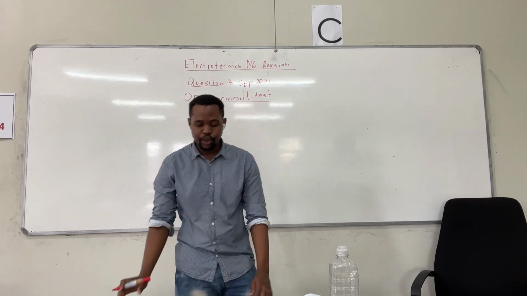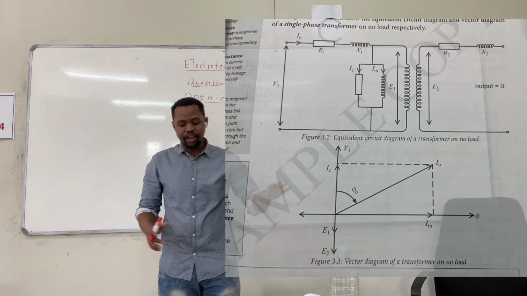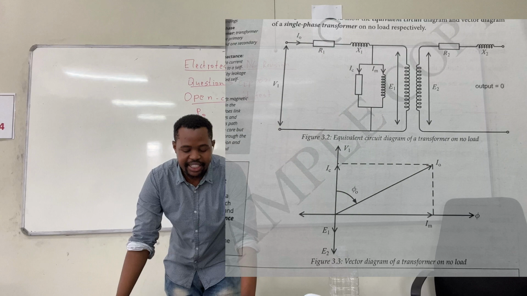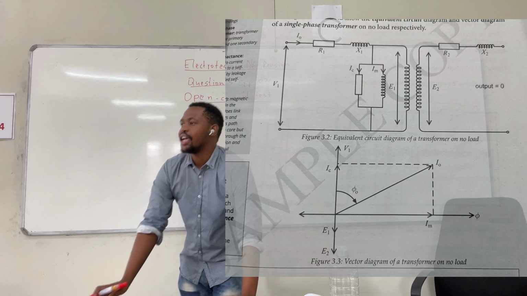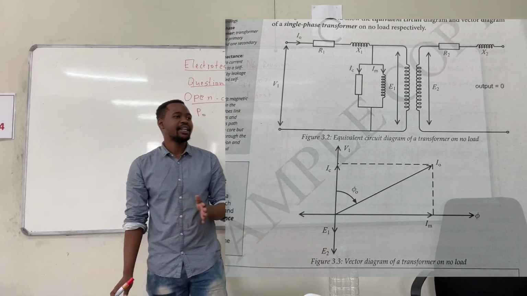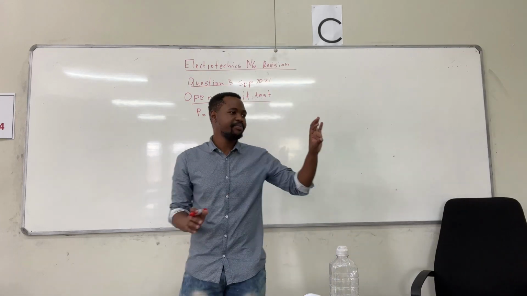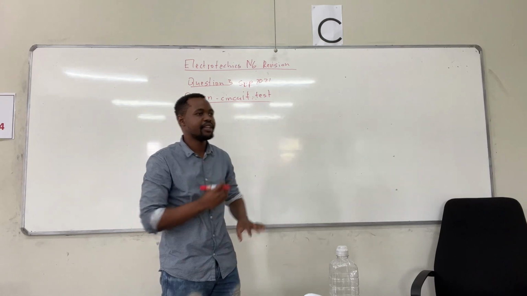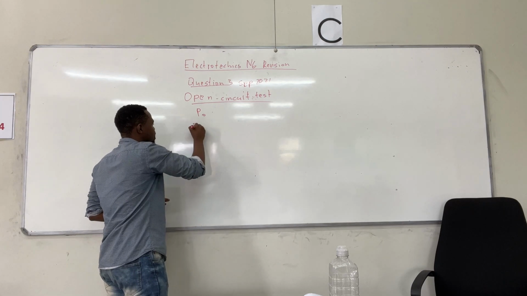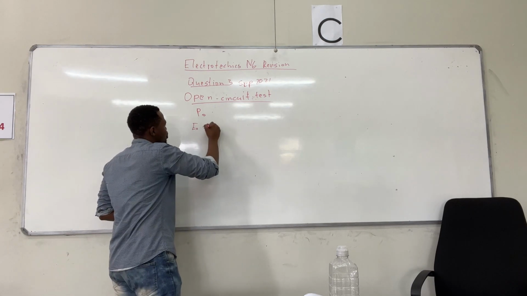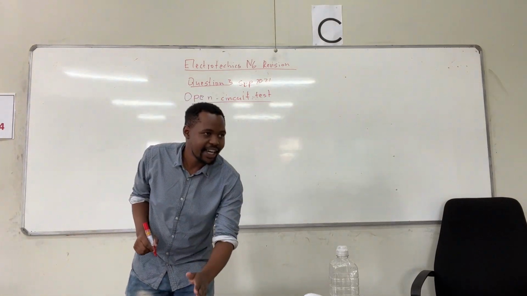If we look at the schematic diagram or the equivalent circuit of a transformer on no load, we don't have a secondary current, because the secondary side of the transformer is not connected to any load. The only things we have there are the induced EMF and terminal voltage. At no load, the induced EMF is equal to the terminal voltage, because there is no internal voltage drop.